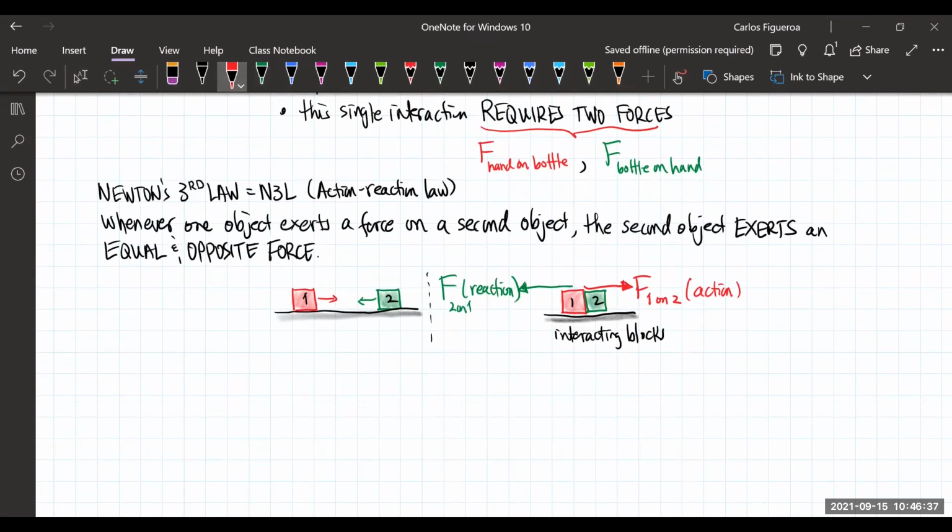So Newton's third law reads exactly like this. It says that the force of 1 on 2 is equal in strength to the force of 2 on 1. But because they are opposite, we come in here and put a minus sign, and the minus sign tells us that they're opposite in direction.